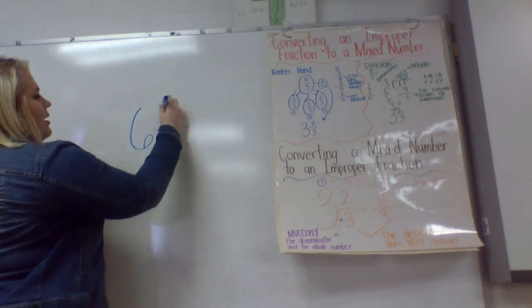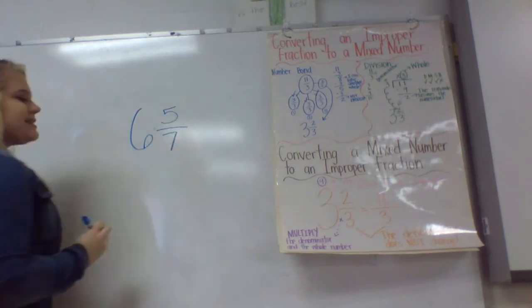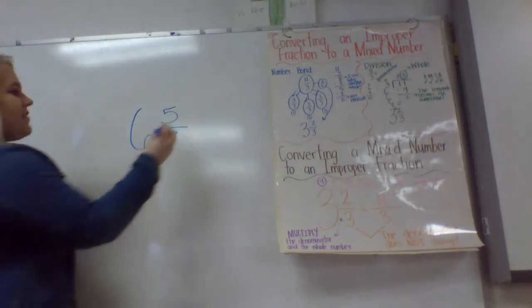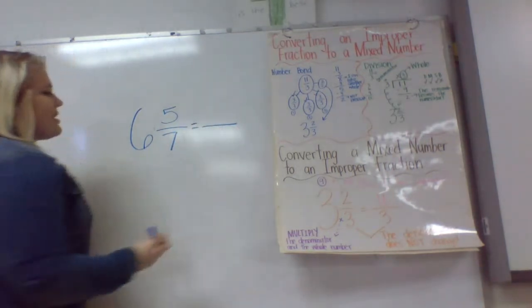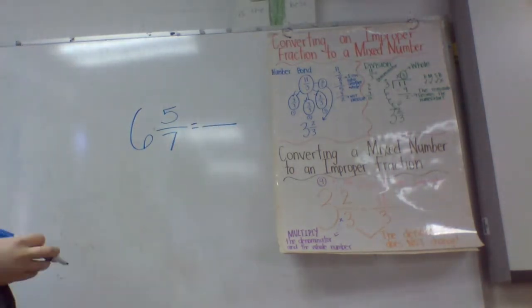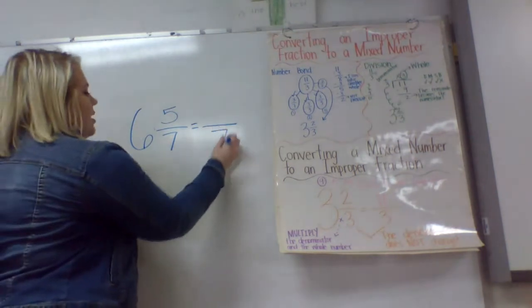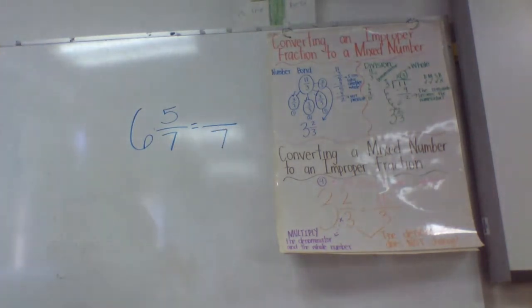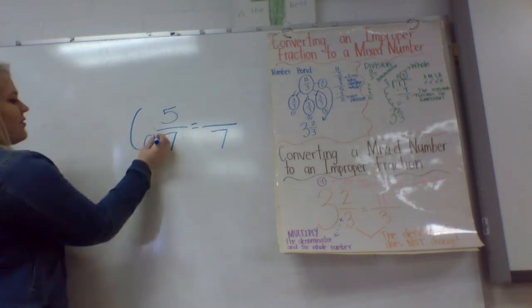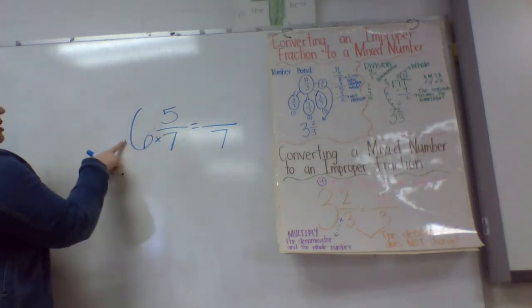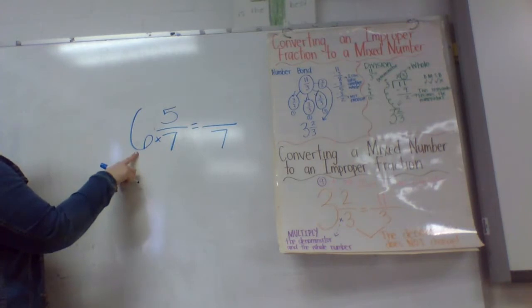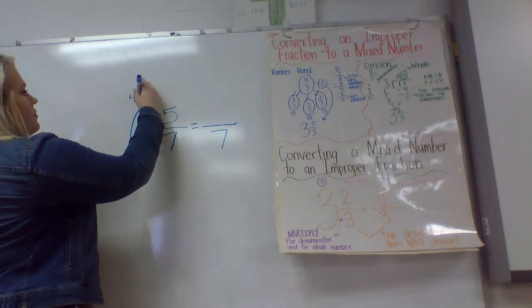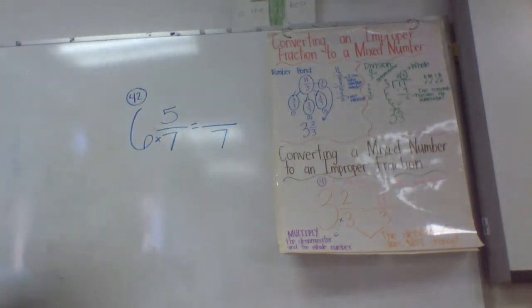If my mixed number is 6 and 5/7, and I want to know what that equals as an improper fraction, I already know my denominator is going to be 7 because my denominator doesn't change. Two steps. First, I multiply denominator times whole number. 6 times 7 is 42.